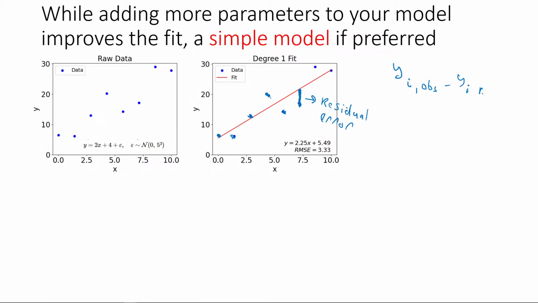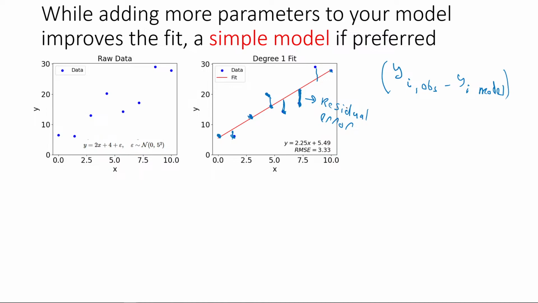That is the error, the difference between my model and my observation. Here it would be large, here very small, here large, here very small, here something in between. So you get the difference between the observation and the model.